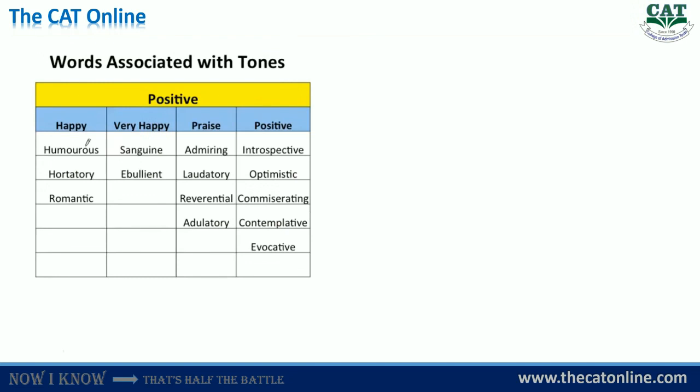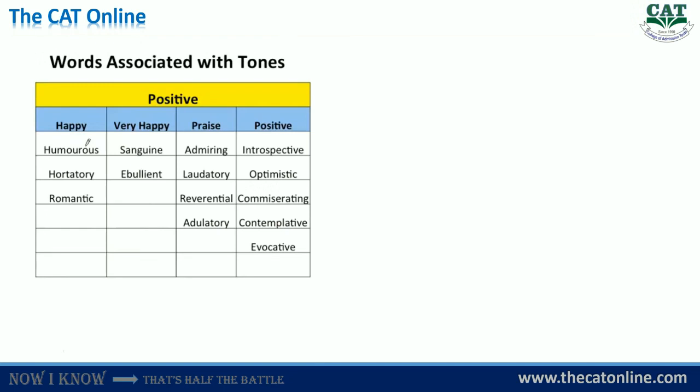So these two tones are different, but I have classified them as happy because they put a smile on your face, right? So I put them into the positive tones, but in the happy ones. Likewise, if some situation or text makes you laugh like anything, that would be ebullient, right? Something that puts you in a very cheerful state.